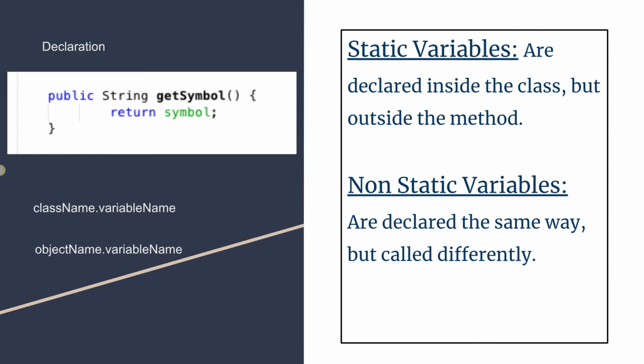To use a static variable, we use the class name dot the variable name. For example, in this example here, we get the variable get symbol. If I want to use it anywhere else in my program, I need to state the class name where this variable was declared first, and dot the name of the variable.